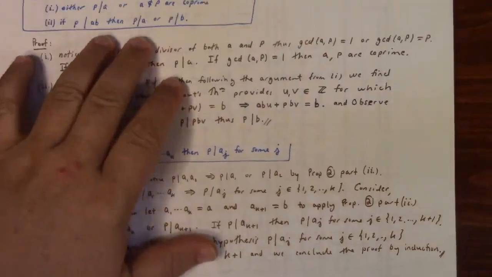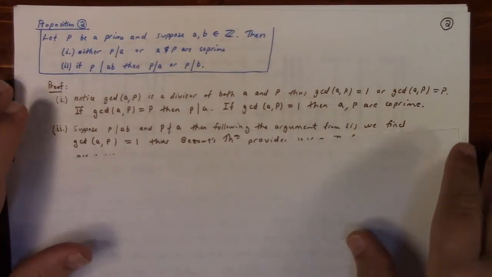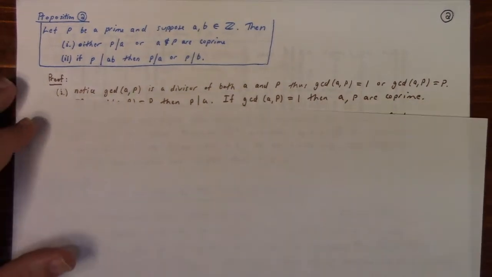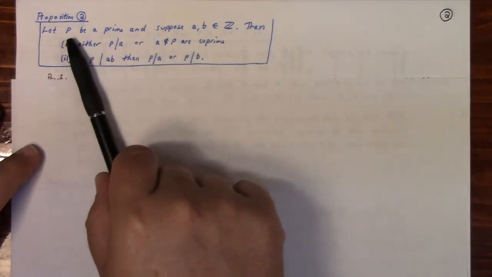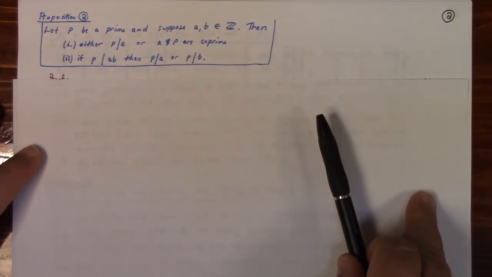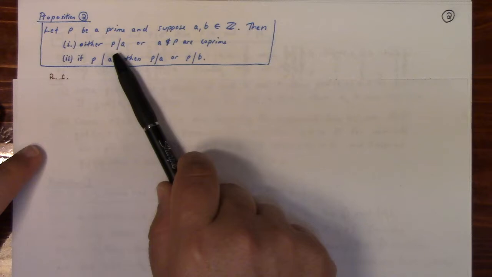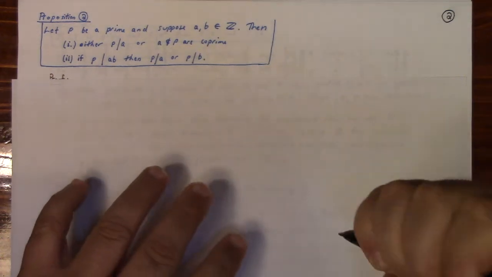So this is proposition 2. Let P be a prime. Suppose A and B are integers. Then either, now here I'm not assuming that A and B are positive, okay? But we are looking at positive divisors, positive prime divisors actually. Either P divides A or A and P are coprime, right? And you remember what that means. What did coprime mean?